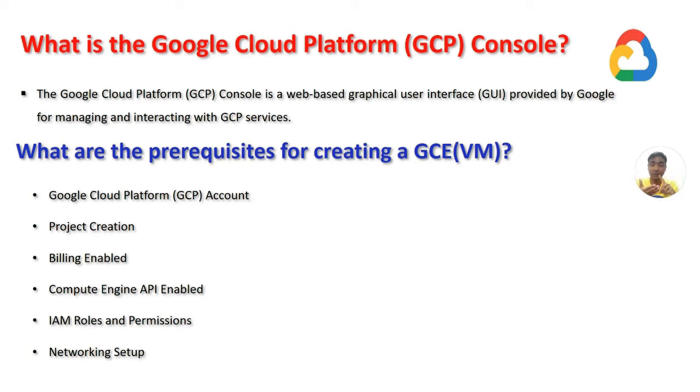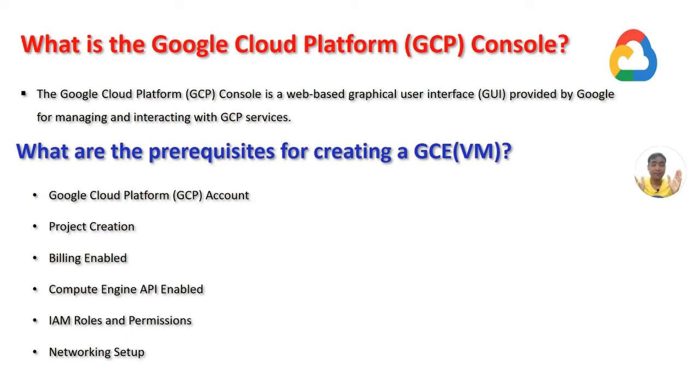Guys, if you missed the GCP console lecture session, please watch it. I explained more details about how to create new projects for your GCP account. Ensure that billing is enabled for your GCP account and project, as GCE instances incur cost based on usage.